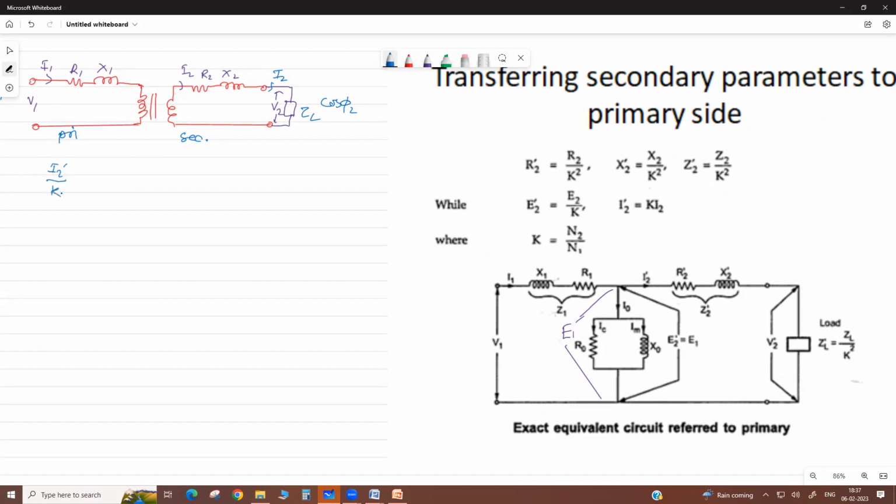In a practical transformer, the actual ratio I2 dash by I2 equals K. Therefore I2 dash, as referred to primary side, equals K I2. So if we transfer the current, it is multiplied with K. Now V2 by V1, E2 by E1.